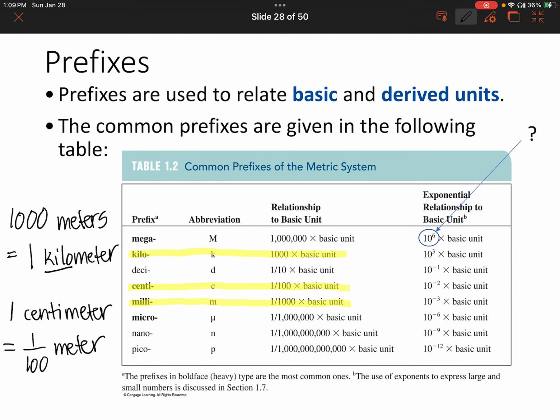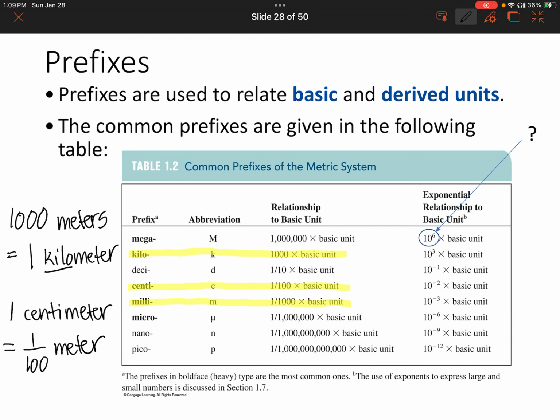The next prefix down is milli, which is abbreviated with a lowercase m, and it is worth 1/1000th of something. So if you have a millimeter, that would be 1/1000th of a meter. And then you can see that we can go even smaller. So if you have a micro of something, that's 1/1,000,000th.